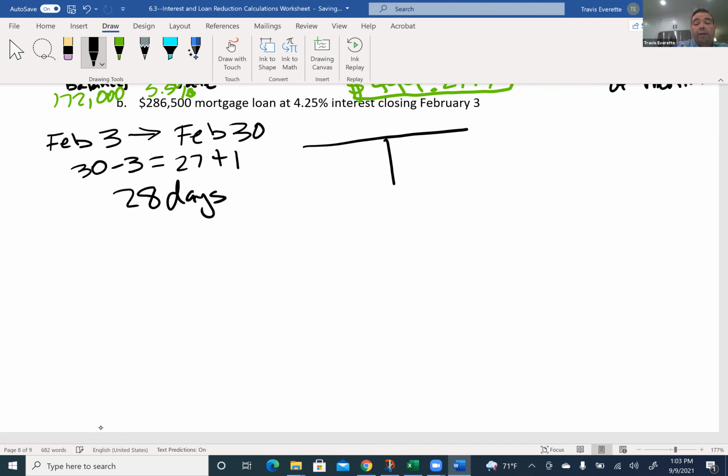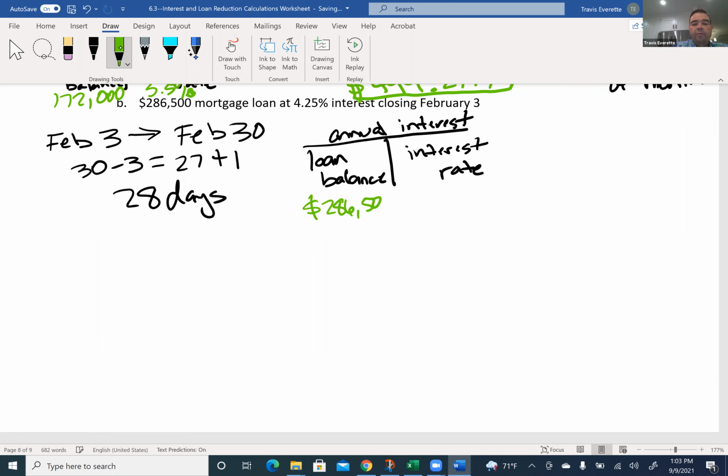Now, let's talk about what we know here. We know we can calculate annual interest as long as we have the loan balance and as long as we have the interest rate. Well, we've got a loan balance of $286,500. We've got an interest rate of 4.25%. We know those are multiplied because they're side by side. So 286,500 times 4.25%.